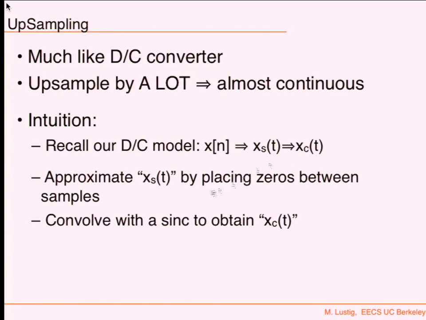We're going to approximate X sub S of t by placing zeros between samples. So it's kind of like an impulsive version, if you think about this. And then we're going to convolve it with a sinc, which is a band-limited interpolation. Okay, so we're going to do a similar operation, only we are not going to go to continuous time.